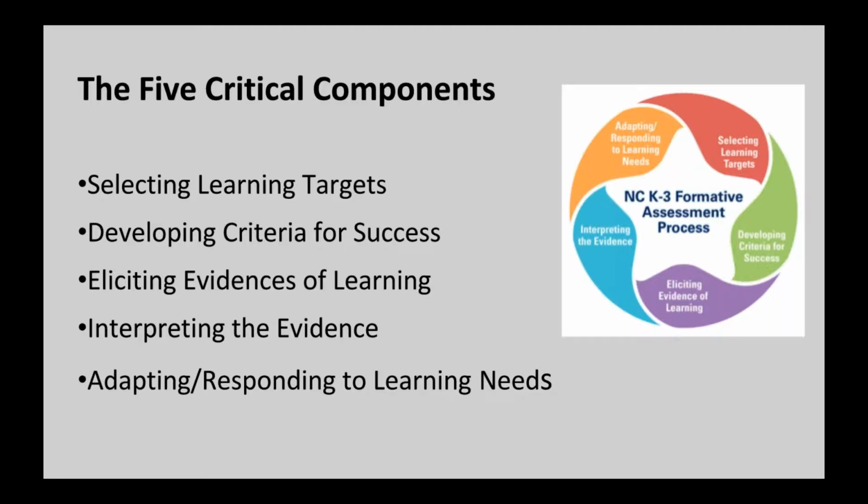So a lot of kindergarten teachers have been heavily engaged in eliciting evidences of learning, right? That's one of the critical components of the formative assessment process, where we're observing our kids and snapping those pictures, making those anecdotal notes, really gathering that evidence of what they can say, do, make, or write.